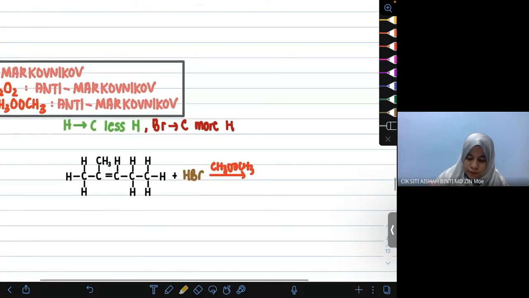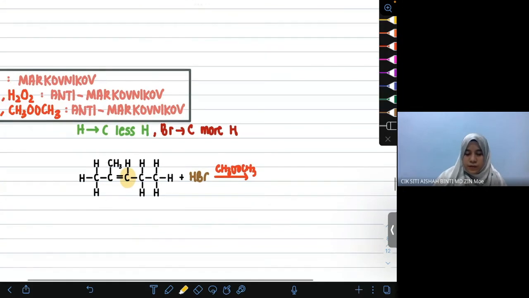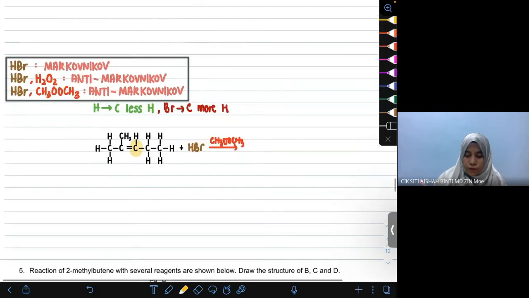Previously we determined this carbon is the one with more hydrogen. This time, it follows the anti-Markovnikov rule. What we add is still hydrogen and bromine, but the rule is different: hydrogen will be added to the carbon with less hydrogen, and bromine will be added to the carbon with more hydrogen.